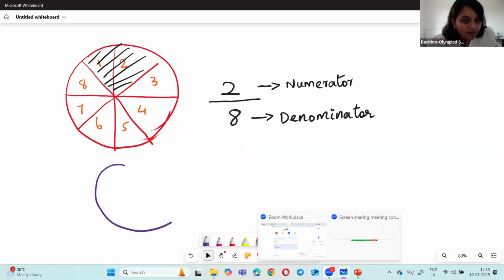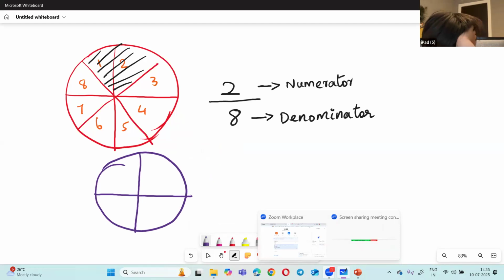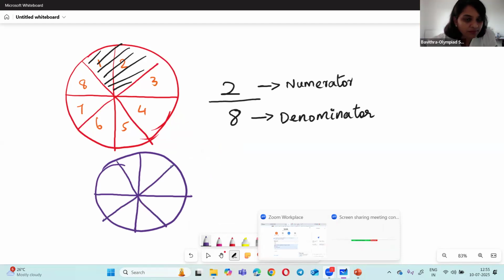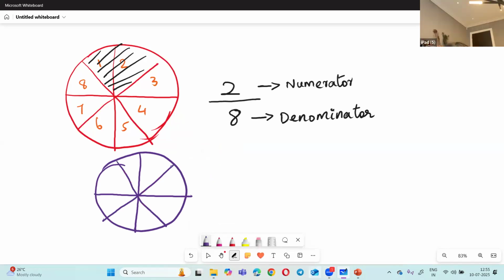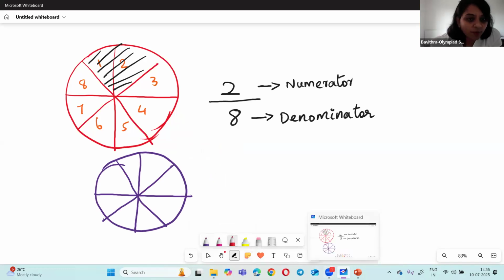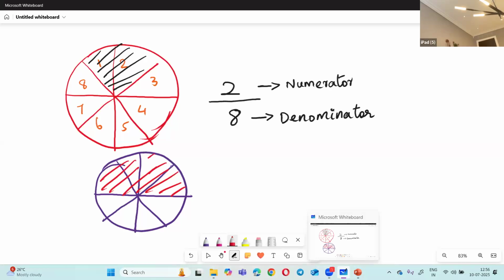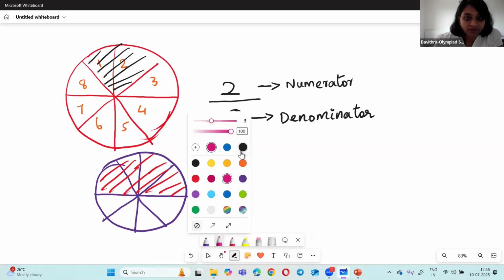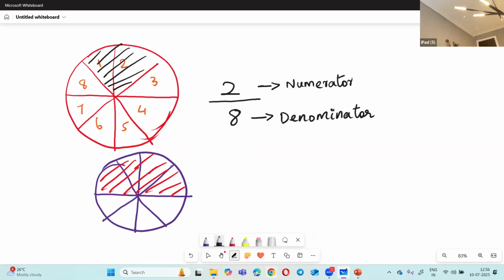So now we have a circle. We have how many parts here? 8 parts. Now, if I shade 4 parts of it, what am I going to call this fraction as? 4/8. So how do I write that fraction? 4 upon 8. All right.